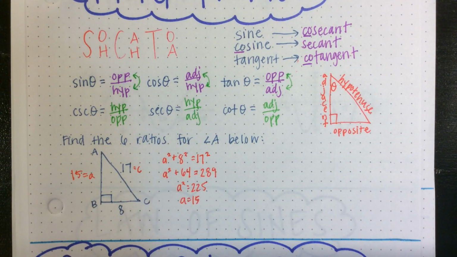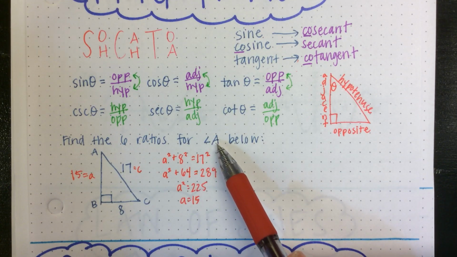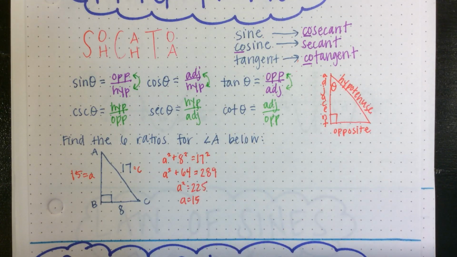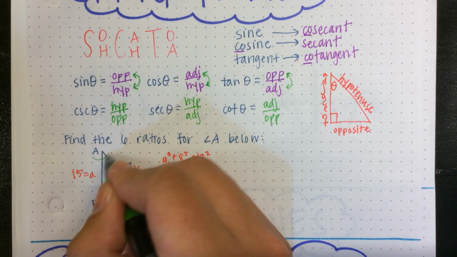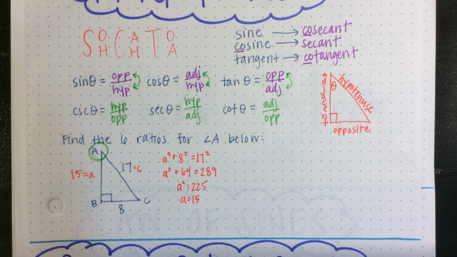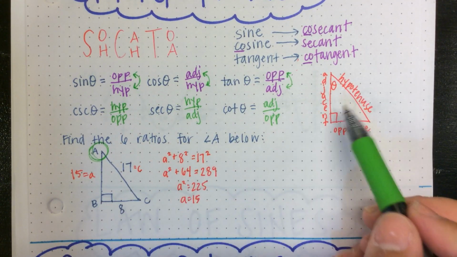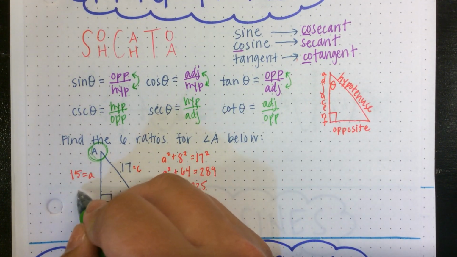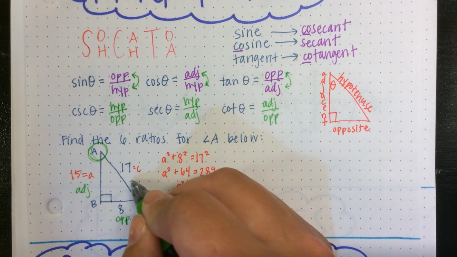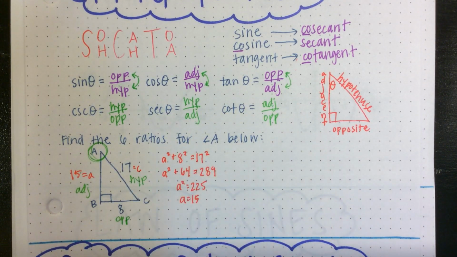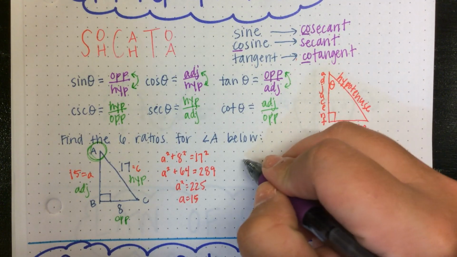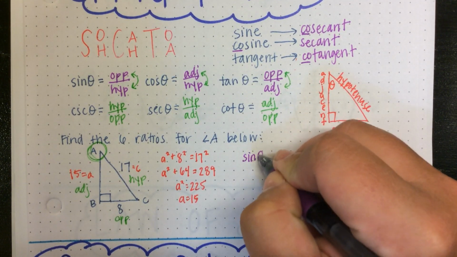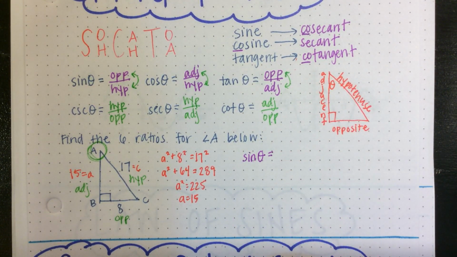I want to find my 6 ratios for angle A. That means everything I find is going to come from this angle up here. From that angle, the bottom is my opposite, the 15 over here is my adjacent, and 17 is my hypotenuse. So now I'm just going to write out my ratios, starting with the ones you remember. Sine of theta is opposite over hypotenuse.